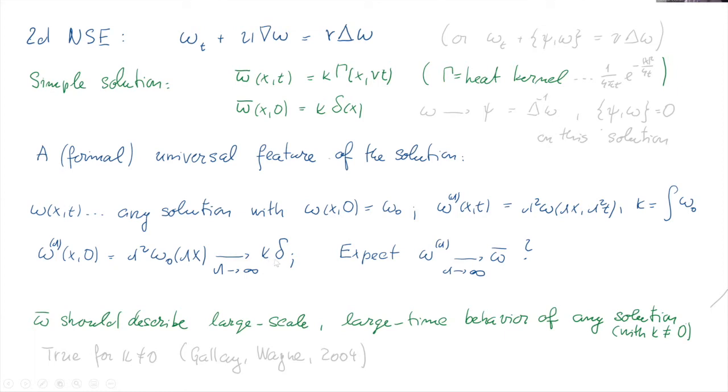So if the behavior of solution is good, if we have some continuity, then also the solution as lambda goes to infinity should converge to our solution given by the heat kernel, right? So the conclusion would be that in fact on a large scale, any solution of Navier-Stokes in 2 dimensions would look or should look like this heat kernel.